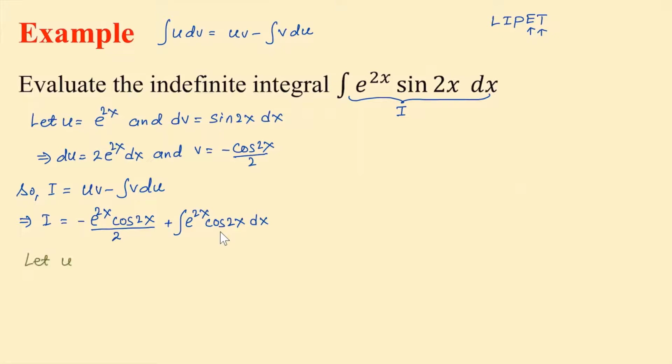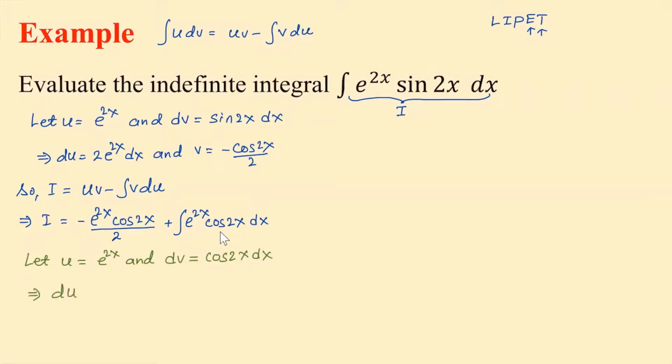Let u equal to e to the 2x and dv equal to e to the 2x. Hold on. E to the 2x is already taken. So dv equal to cosine 2x dx. So this implies we need to differentiate the first one.